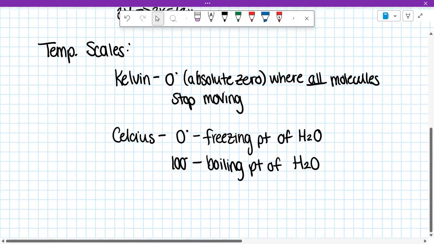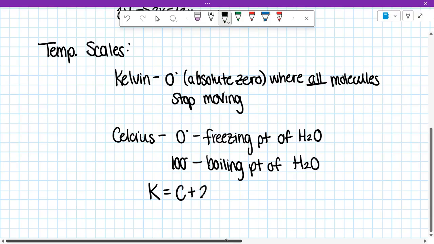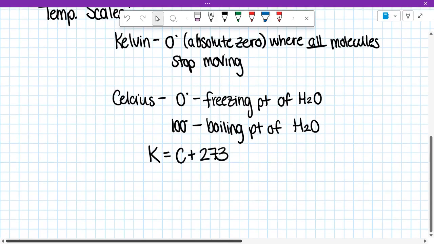To go between Kelvin and Celsius, it is a linear scale, meaning they vary linearly. Specifically, if I wanted to figure out the degrees Kelvin, I would take the degrees Celsius and add 273. Not too bad. So Celsius is based off of information about water.